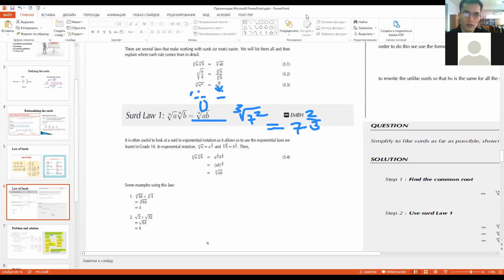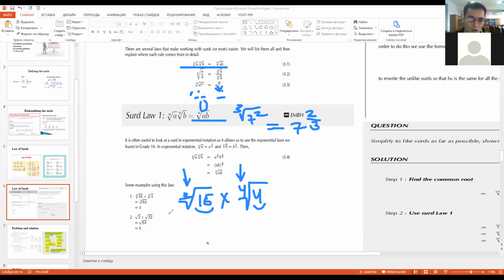If they are not the same, I mean, for example, 3 degree surd with 16 under the root, multiply 4 degree surd, 4. You can't multiply 16 by 4. Why? Because their degrees are not the same. Okay, this one is used only when the degrees are the same.